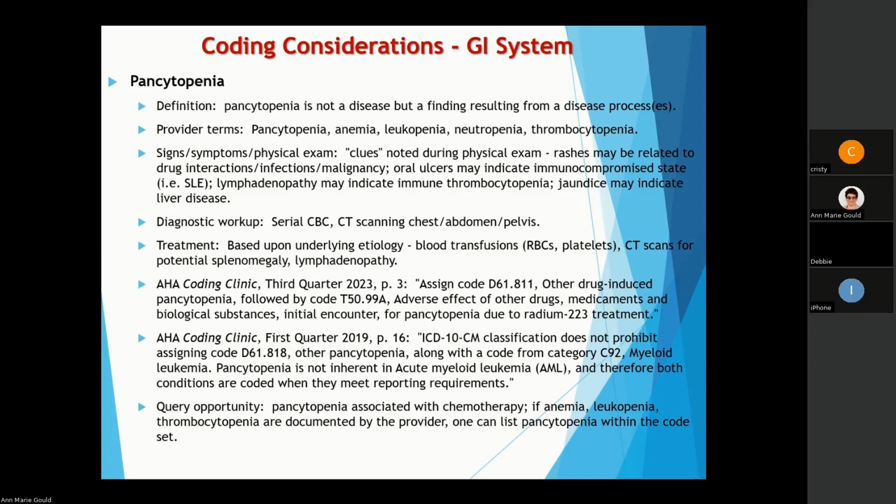So if they're getting radiation treatment and they develop pancytopenia, that's what this Coding Clinic is stating. You want to code the other drug-induced pancytopenia with the adverse effect, because the treatment they were given, the radiation treatment, was given appropriately, as prescribed by the provider, right?